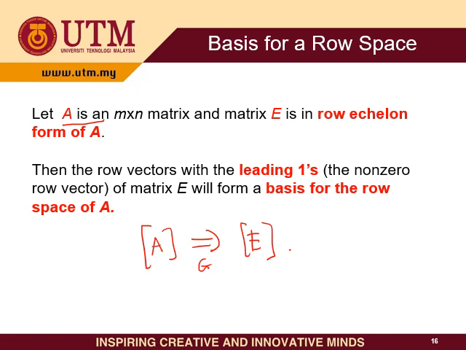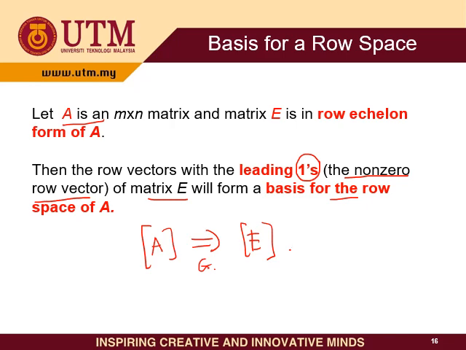The row vectors with leading ones, the non-zero row vectors of matrix E, will form a basis for the row space of A. So we must do the Gaussian elimination into row echelon form with leading ones, and then the non-zero row vectors, which are not all 0 and must have a number besides 0, of matrix E will form a basis for the row space of A.